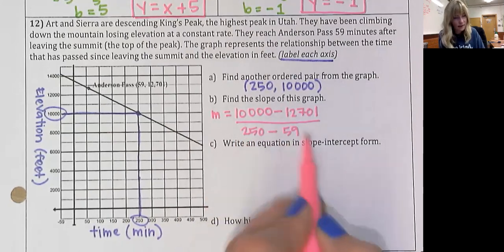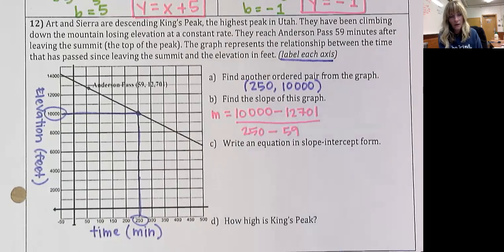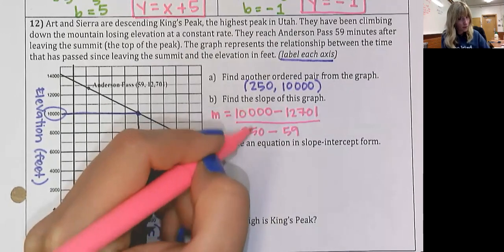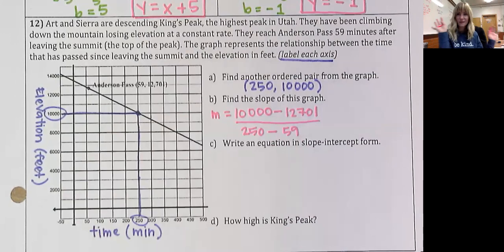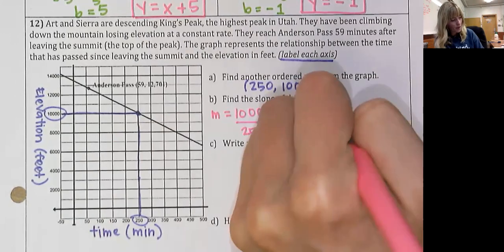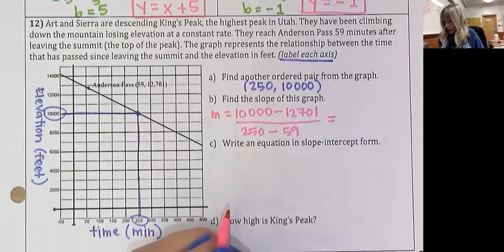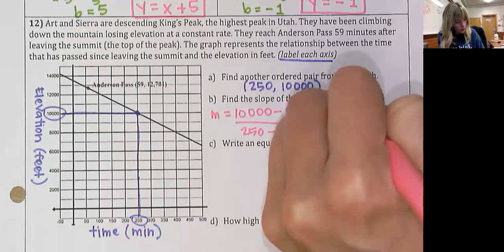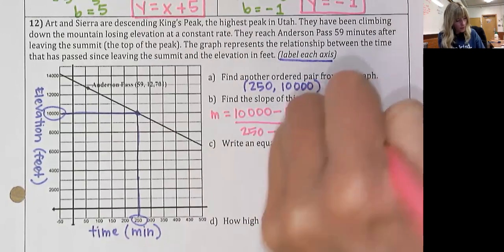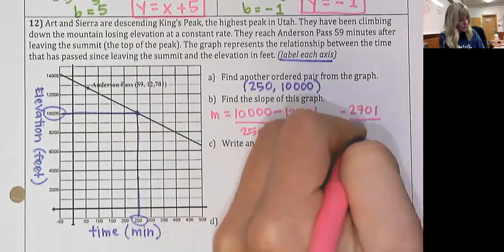These are x's, they're minutes, they have to go together. Also, I have to make sure these values go together and these values go together. So it needs to go together this way and this way to make sure you're not making any mistakes with your slope. Okay, type it in a calculator if you need to, but this is negative 2701, and this is 191.